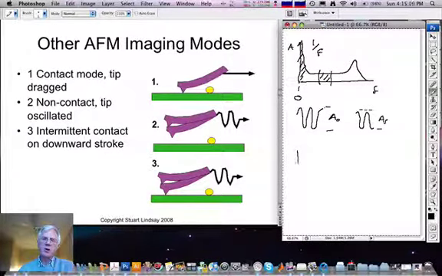In intermittent contact or tapping mode, let's plot down now the force versus distance for the probe. It's looking like this.